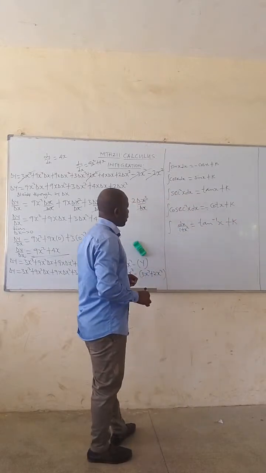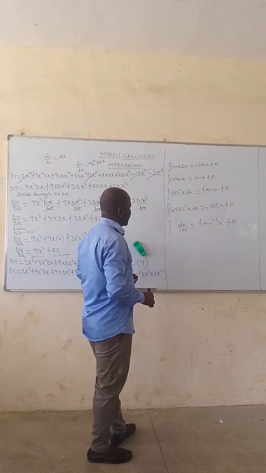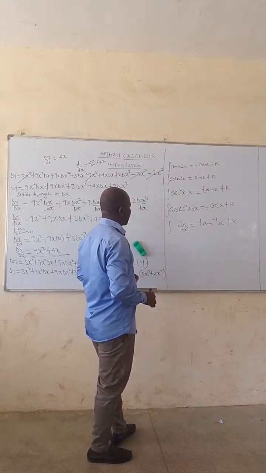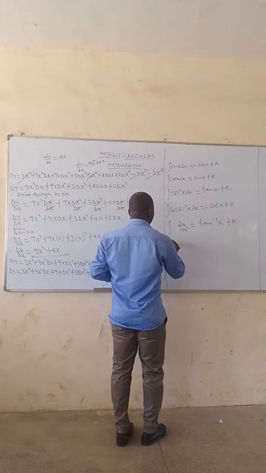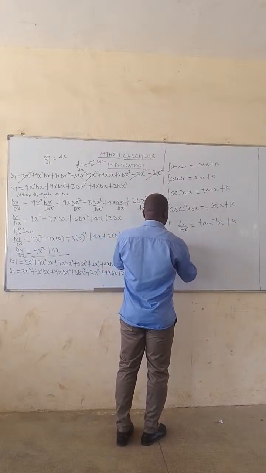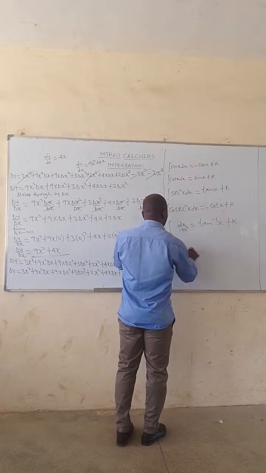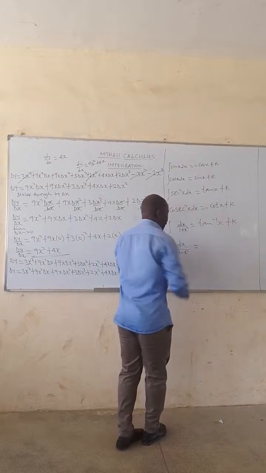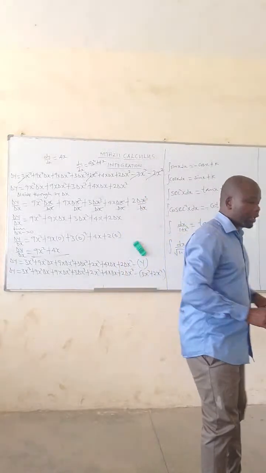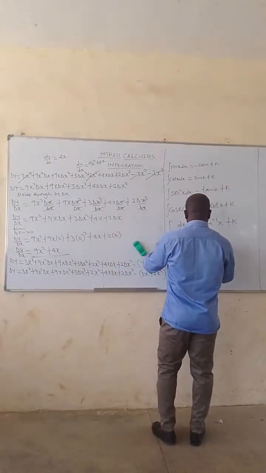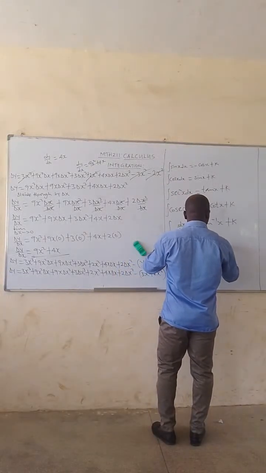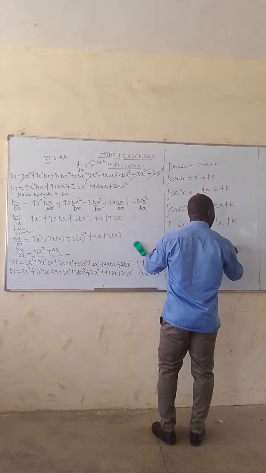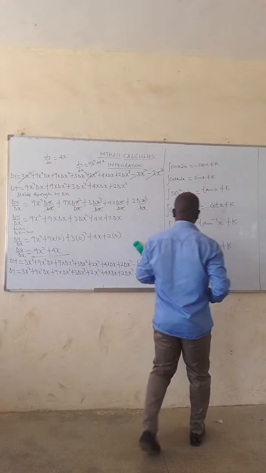Then integral of dx all over the square root of 1 minus x squared gives sine inverse of x plus k.